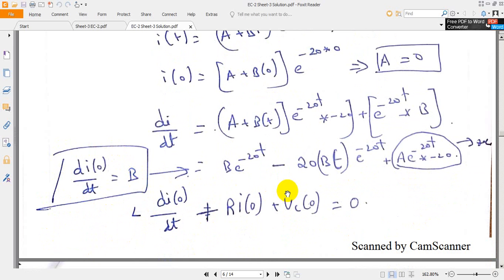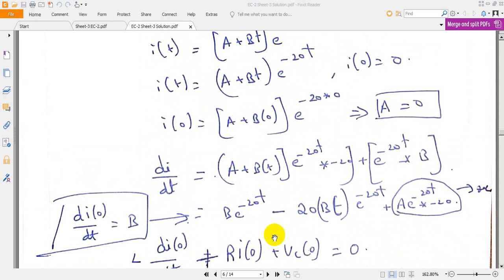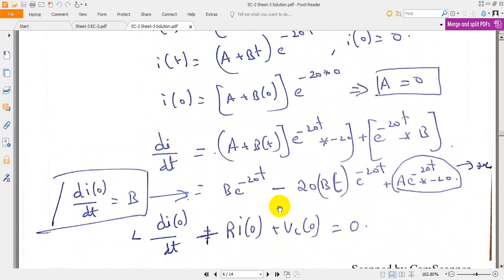Now we need to identify the current flowing through the circuit. The only hint that we have is that the current through the inductor and the current through the capacitor are the same, and also the sum of the voltages in a closed circuit is equal to 0.